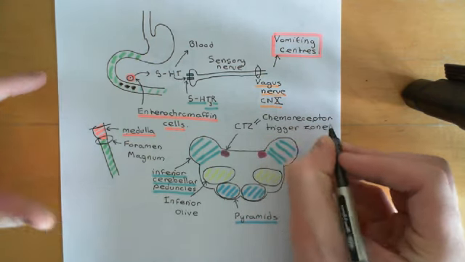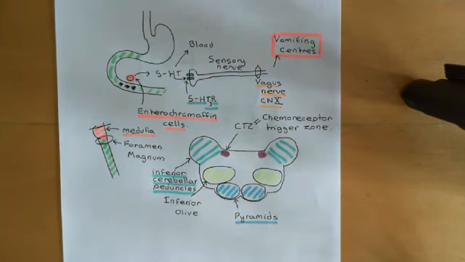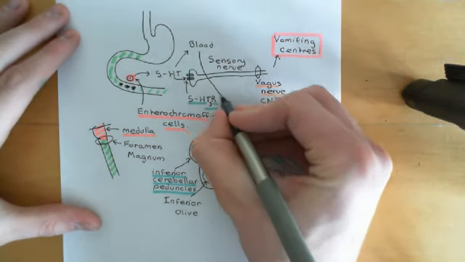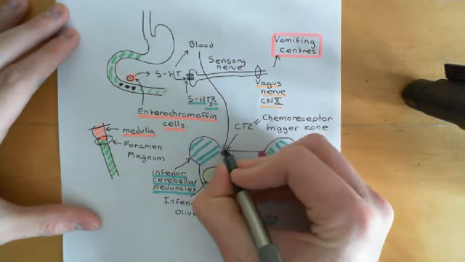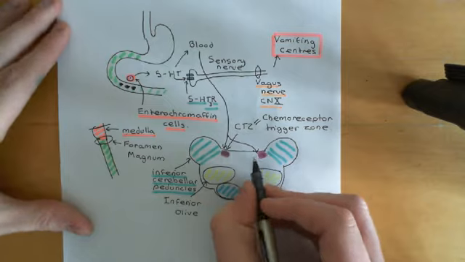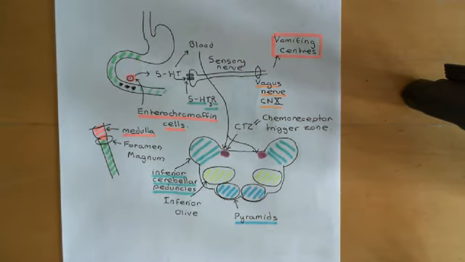Basically, the neurons in these chemoreceptor trigger zones again seem to have 5-HT3 receptors on their surface. And the 5-HT which goes into the blood seems to be able to activate the chemoreceptor trigger zone neurons. The chemoreceptor trigger zone neurons, it should be noted, have a very leaky blood-brain barrier.